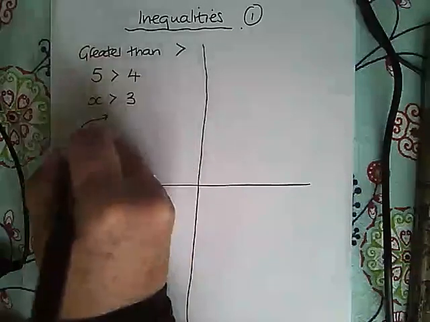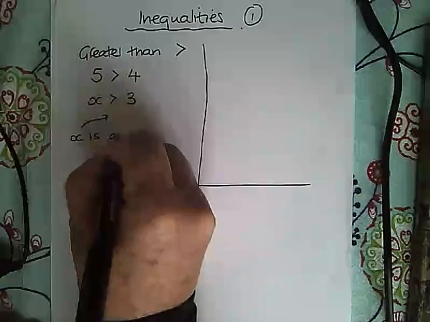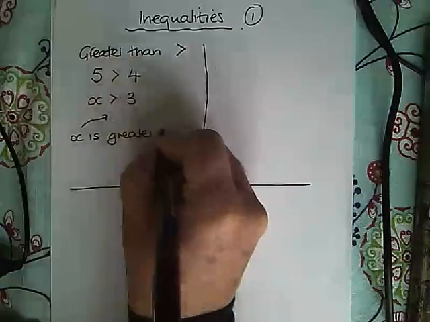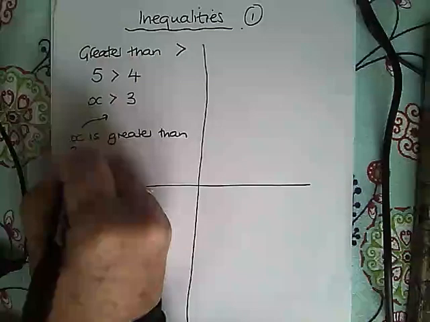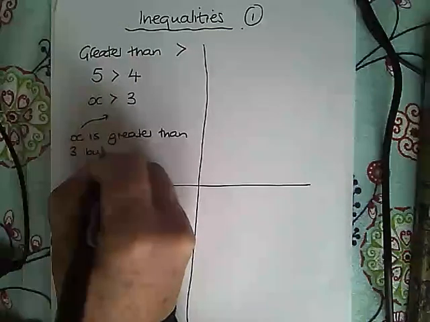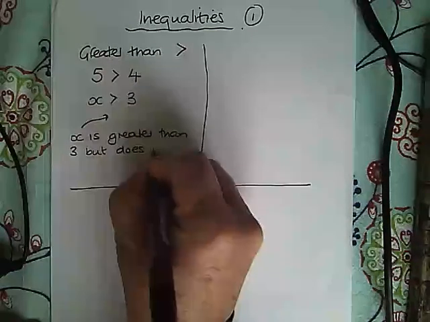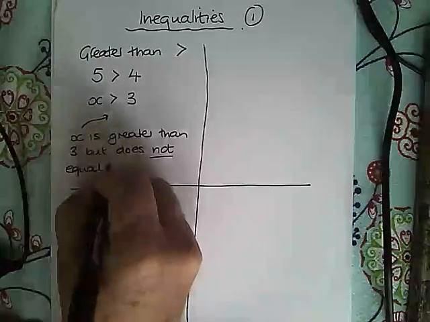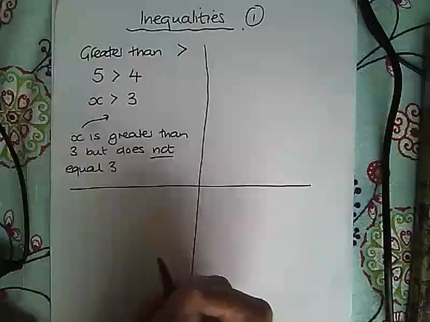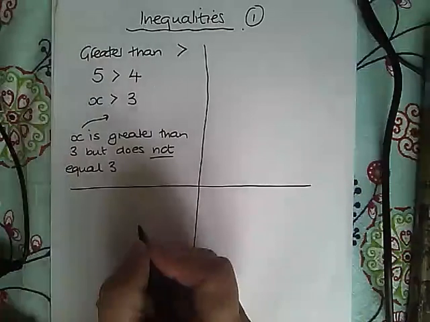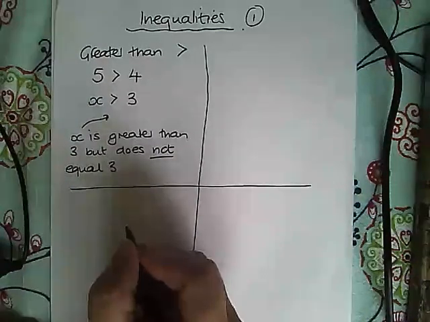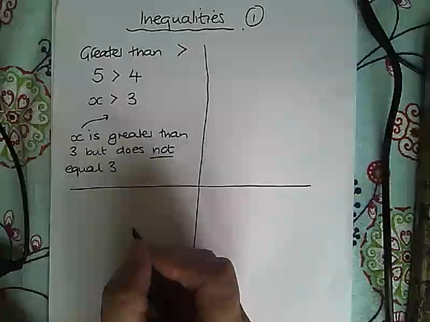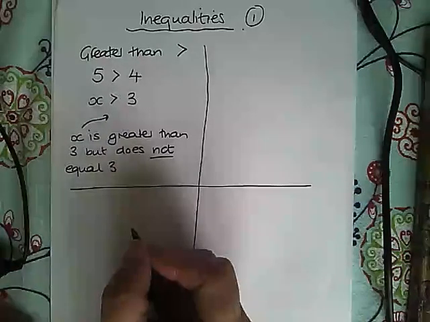So this means x is greater than 3, but does not equal 3. Okay, so it could be a decimal, it could be a fraction, could be 3.1, 3.01. It could be a tiny bit bigger than 3, but not actually equal 3.